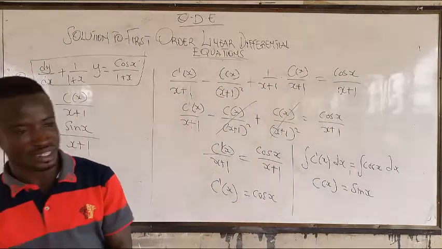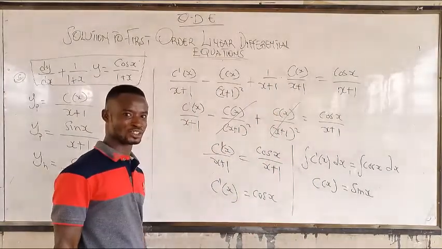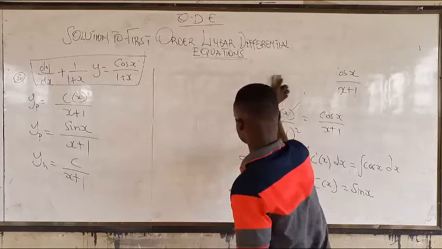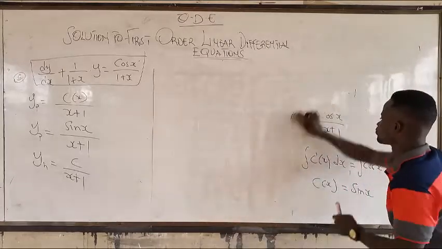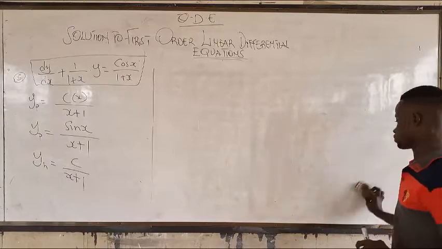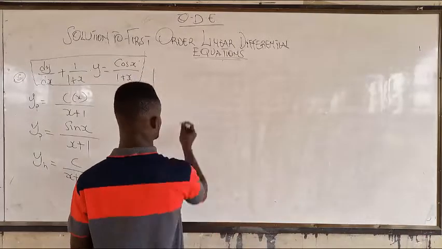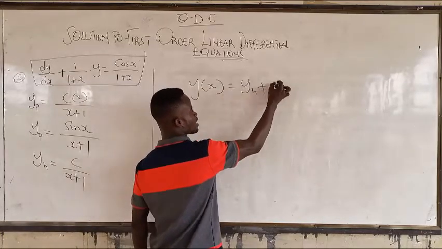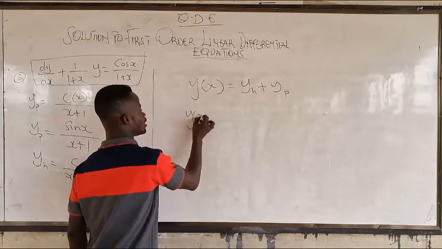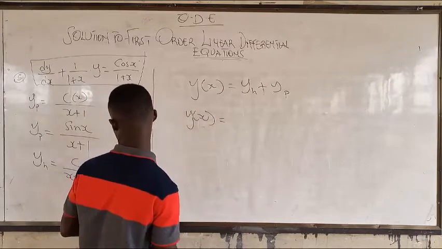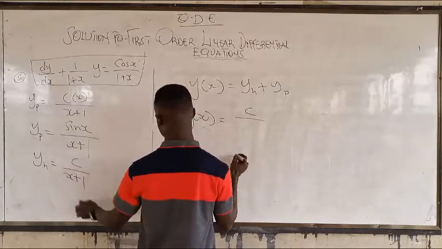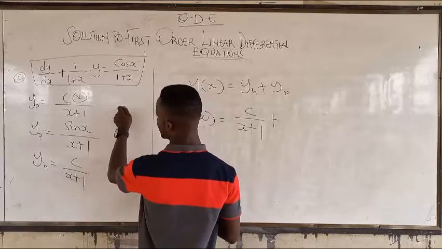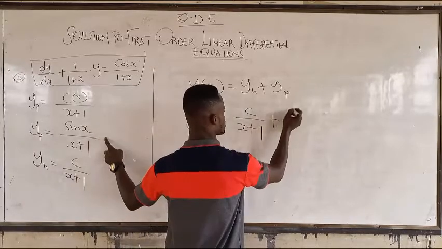So for us to get a general solution, that is y of h plus y of p, and that is going to give you y of h, c over, plus y of p.